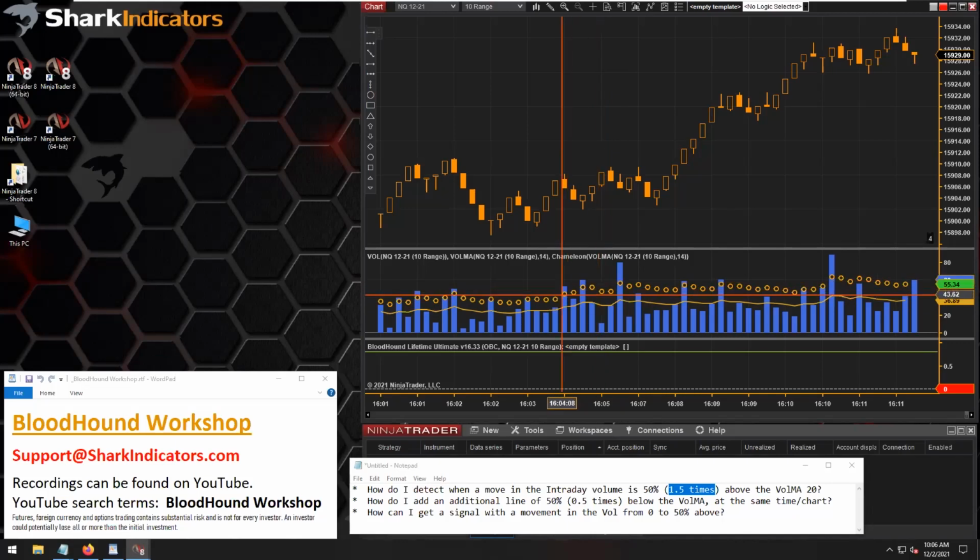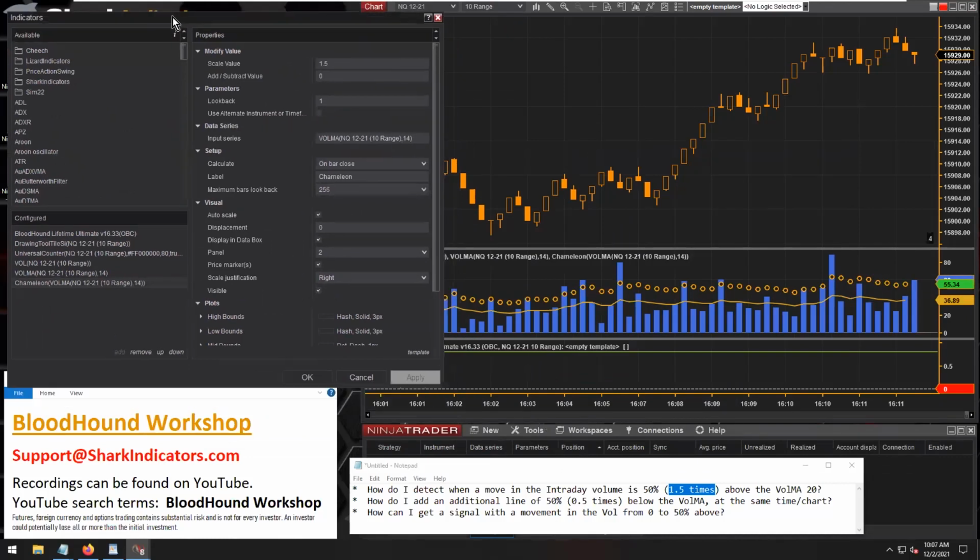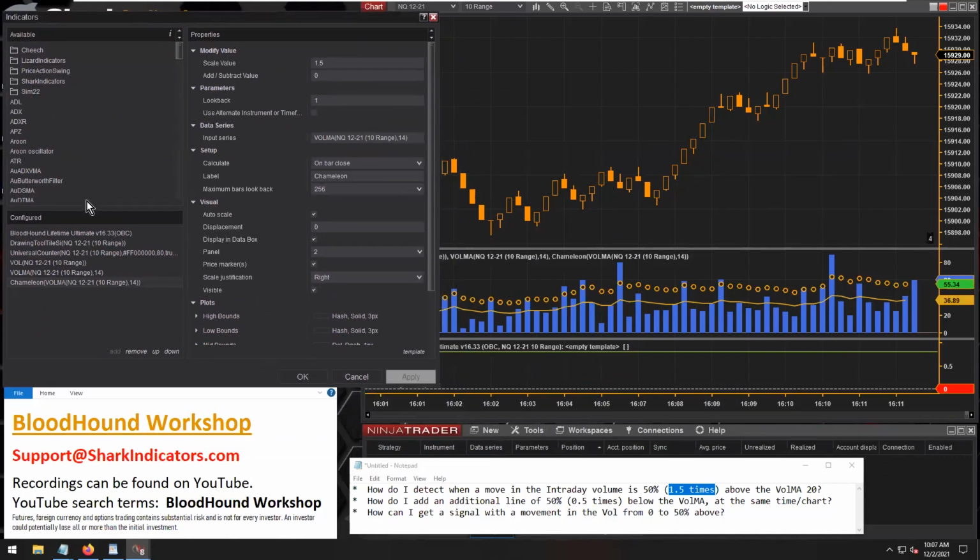So you can see that the green line is 50% higher than the volume MA indicator. We're going to add one more of these, and this time it's going to be half of the volume MA, or 50% of the volume MA. So let me open up the indicators list, and we'll take a look at how this is done on the chart.